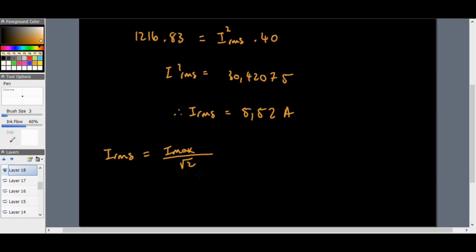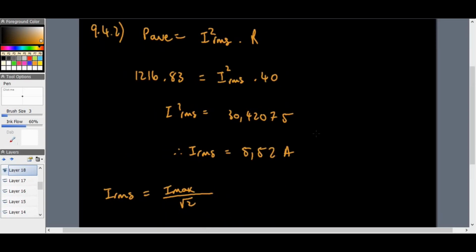So Imax is going to equal 5.52 amps multiplied by square root 2, to give me the maximum current. And therefore Imax is equal to 7.8 amps. Alright, so that's working from your power formula.